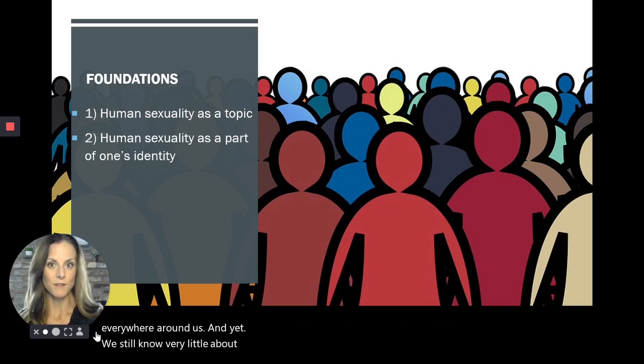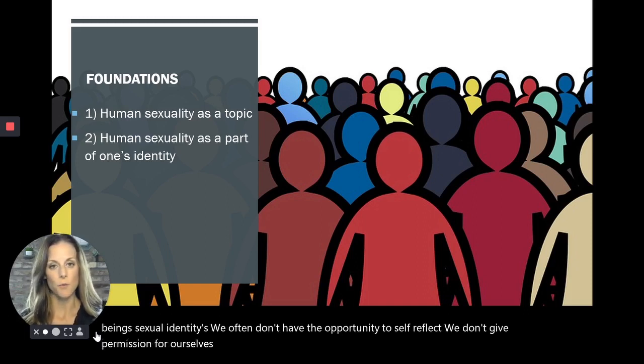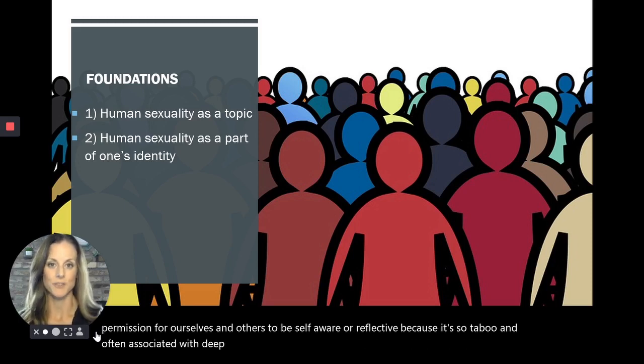Often we know little about ourselves as sexual beings, about partners as sexual beings, sexual identities. We often don't have the opportunity to self-reflect. We don't give permission for ourselves and others to be self-aware or reflective because it's so taboo and often associated with deep shame and guilt and trauma.